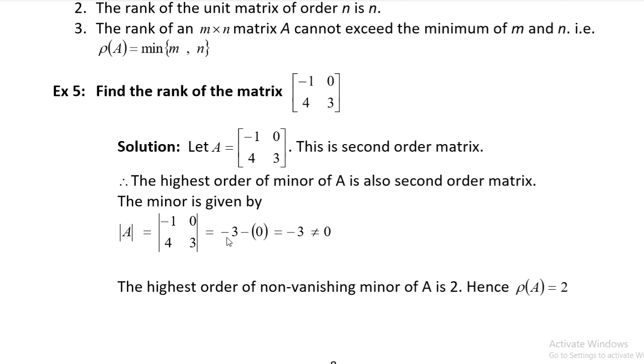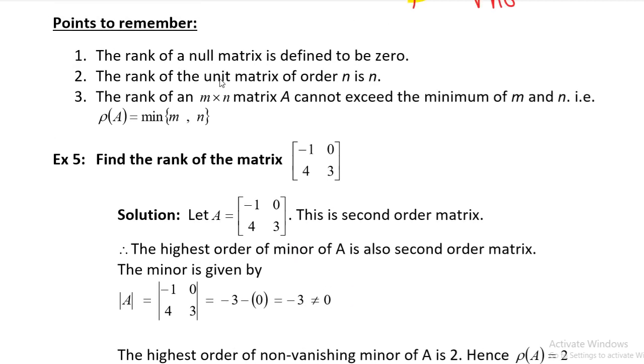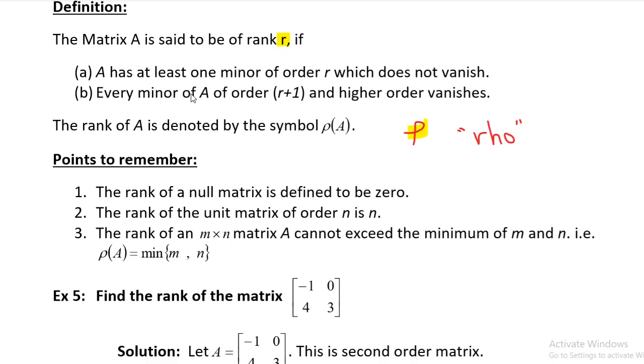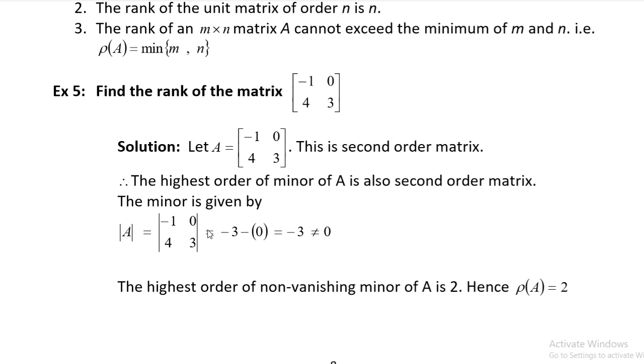So if you take the determinant of this one, it is minus 3, which is non-zero, and we say that the rank is the highest order. Every minor of A of order r plus 1 and higher order vanishes. Okay, so if the second order minor is non-zero, it means we say that the rank of this matrix is 2.